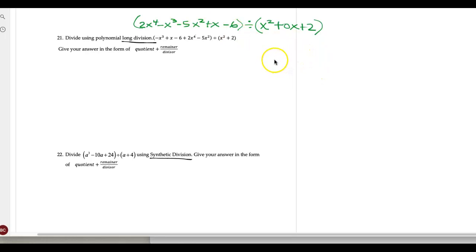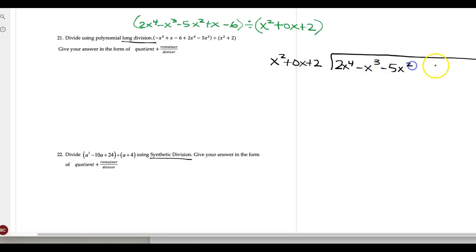So I'm going to have x squared plus 0x plus 2, and that's going to divide into all of this stuff here that I put in descending order. So 2x to the 4th minus x to the 3rd minus 5x squared plus x minus 6.